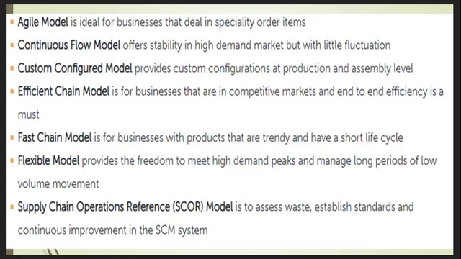Experts define some models for supply chain networks, and we will talk about some of them during this course. We will first turn our attention to the supply chain operations reference model, also known as the SCOR model.